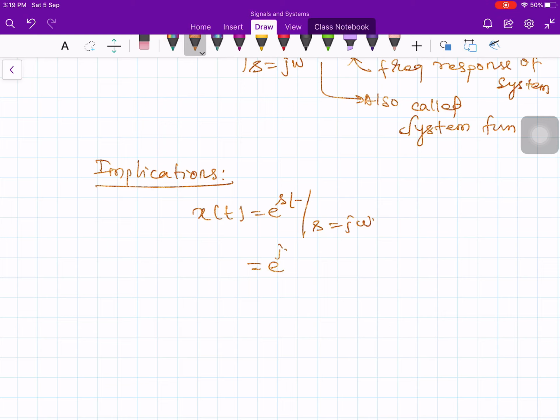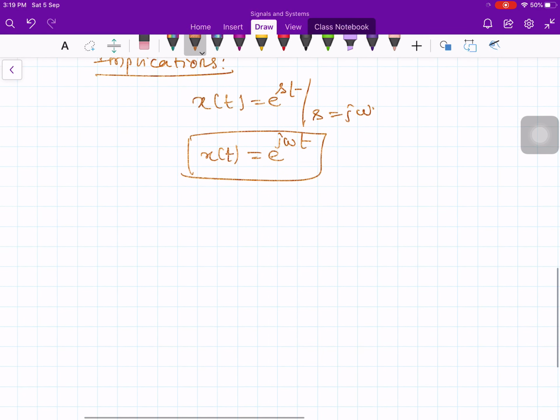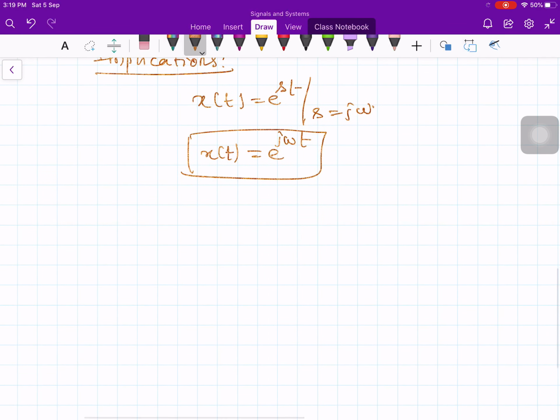This is your x of t. Then the forced response, that is a particular integral. Whenever you have a differential equation, if you solve it, you will get two solutions. One is the complementary function, another one is the particular integral, and that particular integral is also called the forced response.